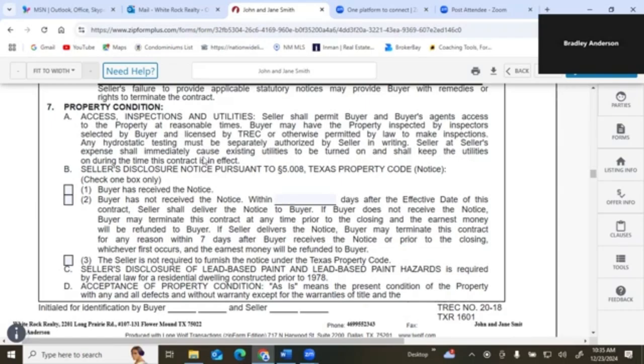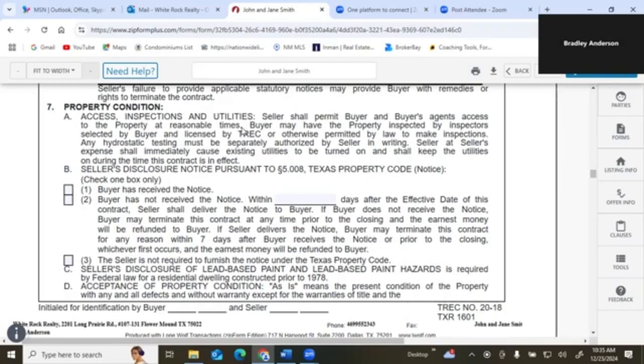Okay, so there are a couple of options here. First of all, let's just go through 7A. Access and inspection and utilities. Seller shall permit buyer and buyer's agents access to the property at reasonable times. Okay, maybe the seller doesn't think that 8 o'clock at night is a reasonable time, but they cannot deny you access.